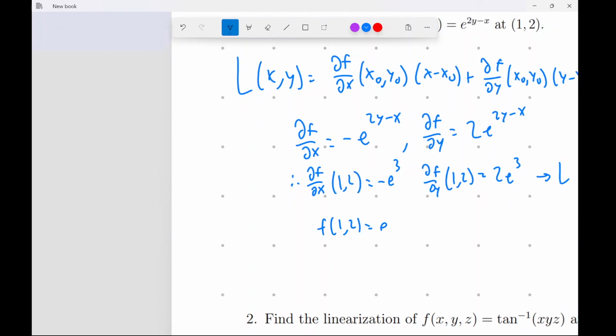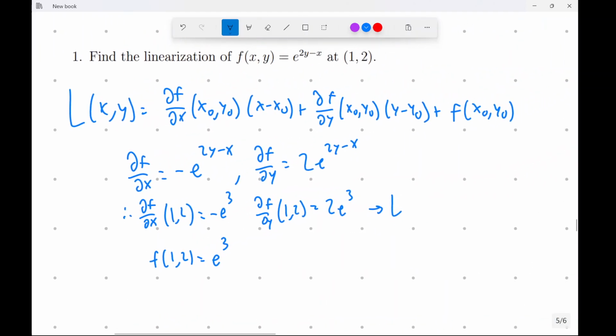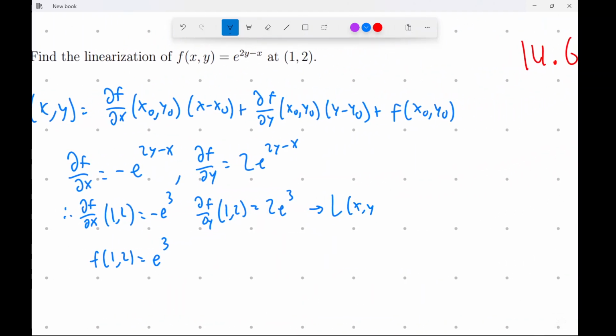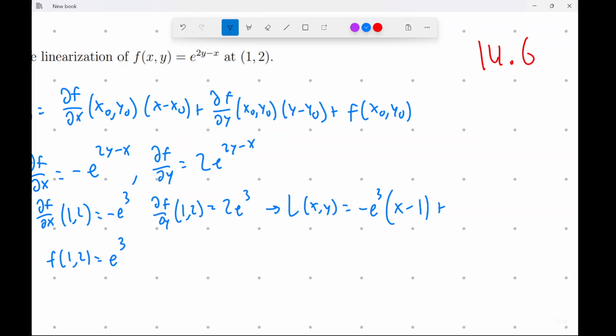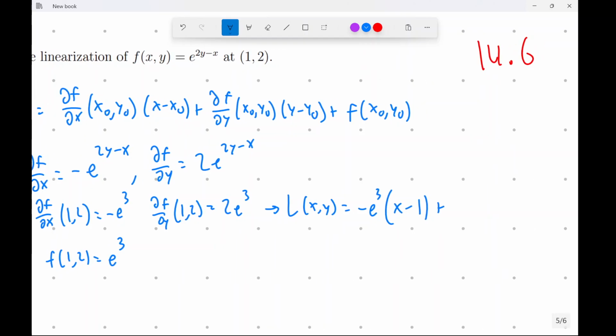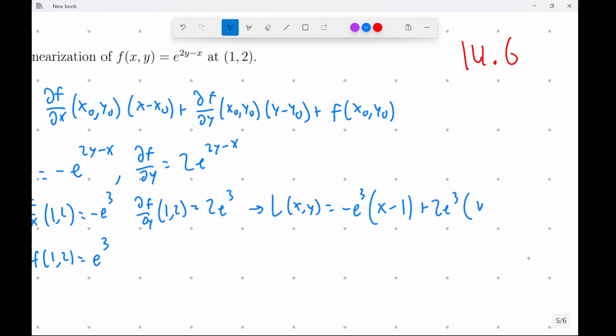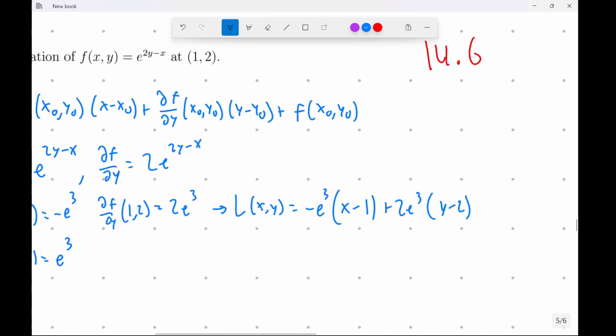I think that's just e cubed. So our linearization is negative e cubed times (x minus 1), plus 2e cubed times (y minus 2), plus e cubed.